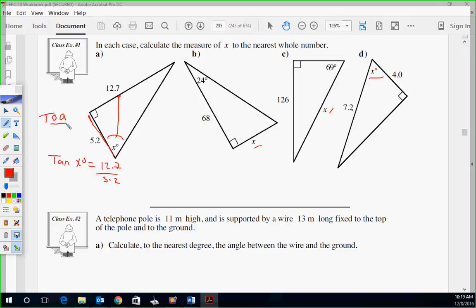All you have to do in your calculator is second tan of this fraction, and that will give you your degrees in x. Somebody calculate that for me. 68. Okay, so x is 68 degrees.